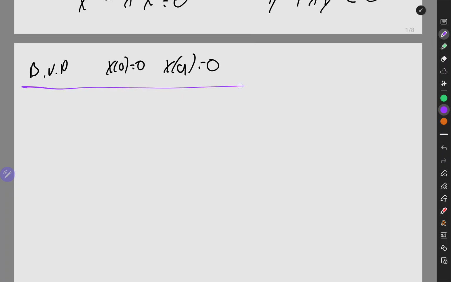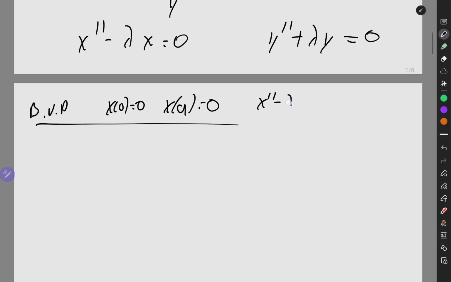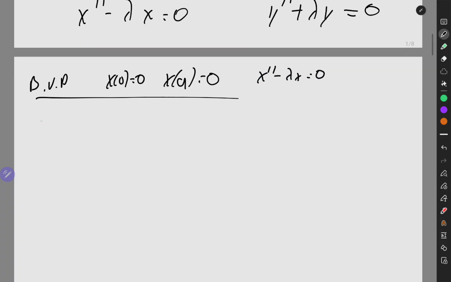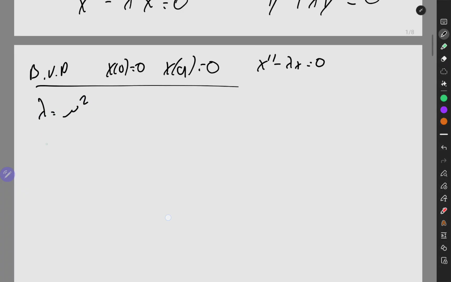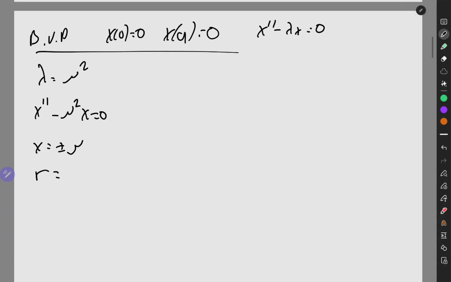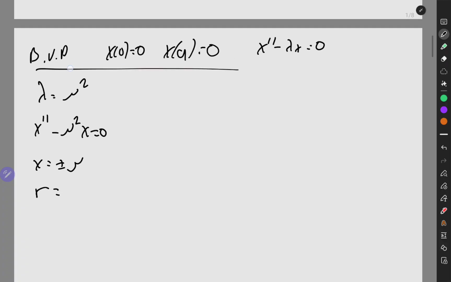We have these two values here, and our equation here. So we have lambda equals mu squared, x double prime minus mu squared x equals 0. r is equal to plus minus mu, right?